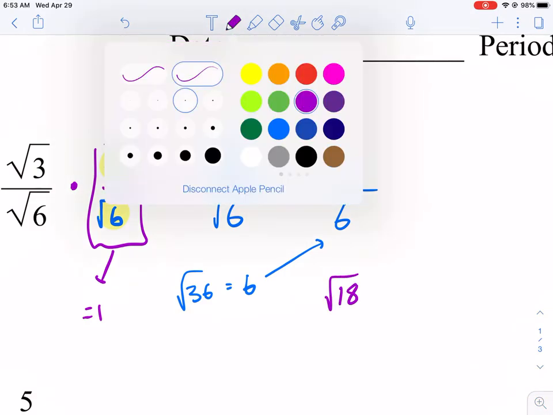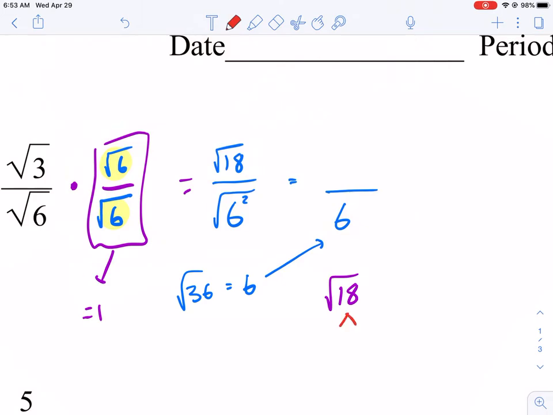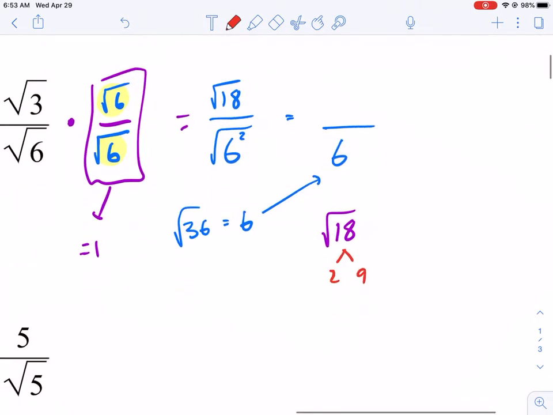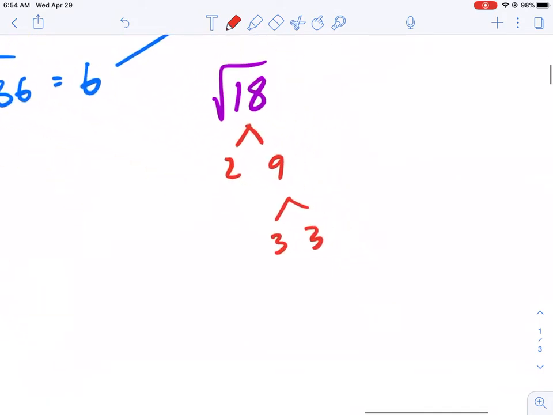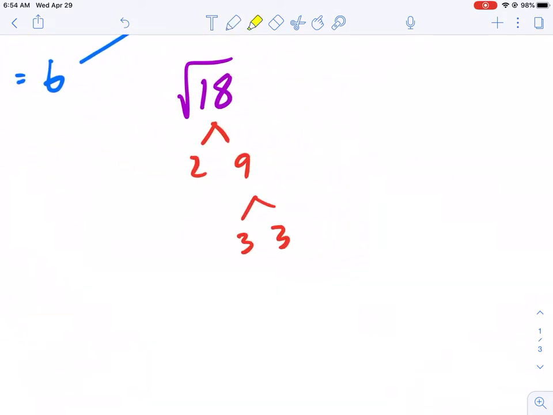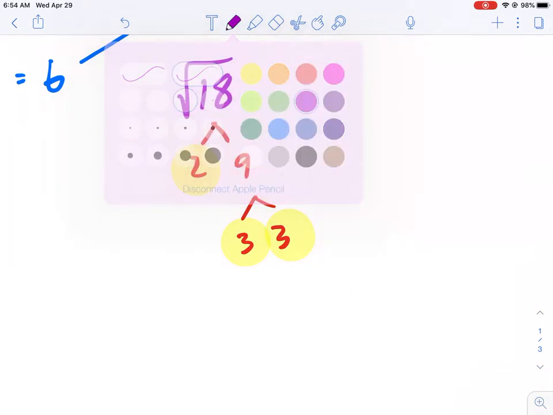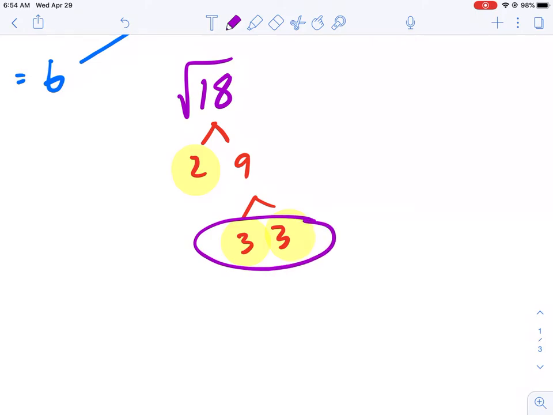So what I like to do is a factor tree. I have many videos on doing this, but I don't mind giving a quick recap. I factor this into its prime factors. As you can see, these are all prime factors. And I'm looking for anywhere where I see 2 of the same prime factor, in this case 3. The reason why this works is because 9 is a perfect square, okay?